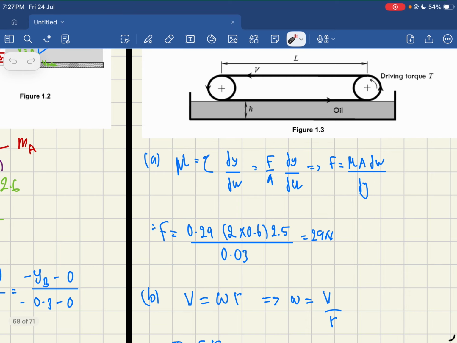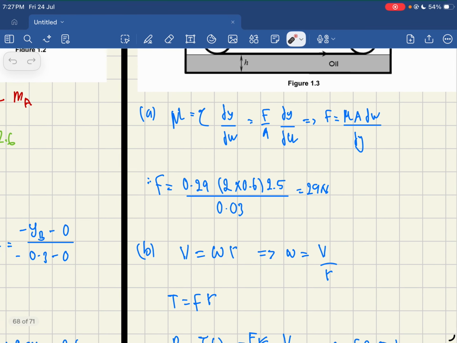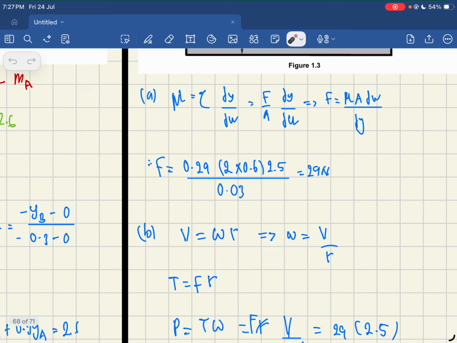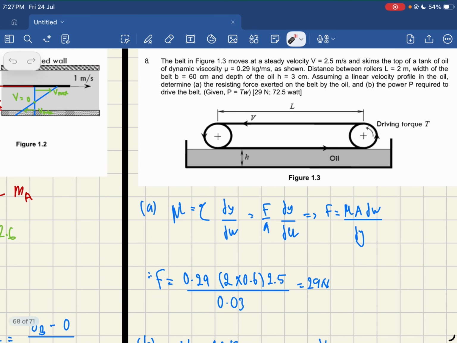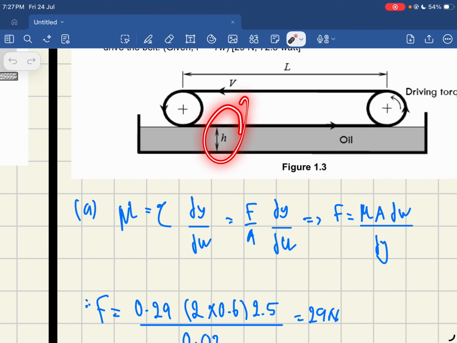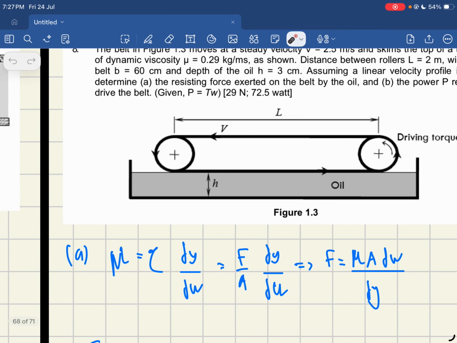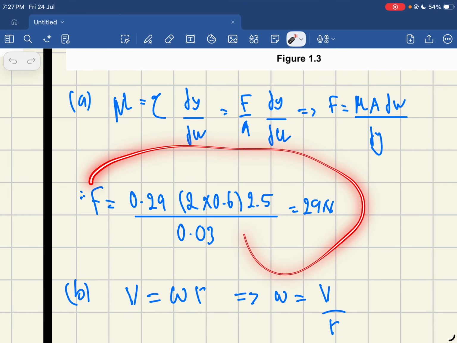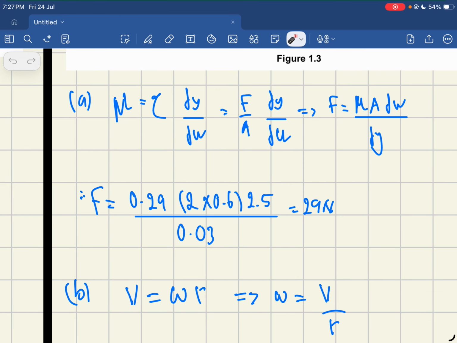So the area is 2 times 0.06, times the velocity 2.5, divided by the height, which is the distance from velocity 0 to the target analysis point. Thus H is 0.03 in SI units. We'll get the force to be 29 Newton.